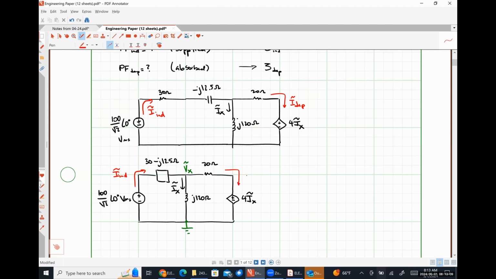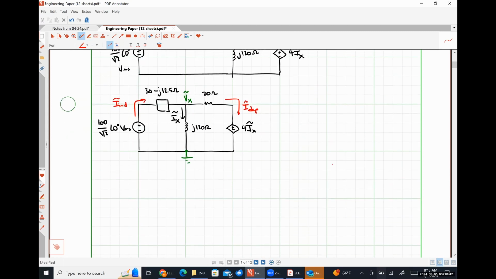This current I dependent would simply be Vx minus the voltage at our dependent source divided by 20 ohms. So once again, if we can figure out what that nodal voltage Vx is, we can get those two currents that we need very, very easily. So I'm choosing to solve for Vx as an intermediate step because it allows me to solve for everything else I'm interested in with just a little bit more math, okay?